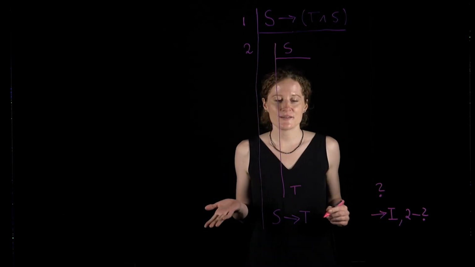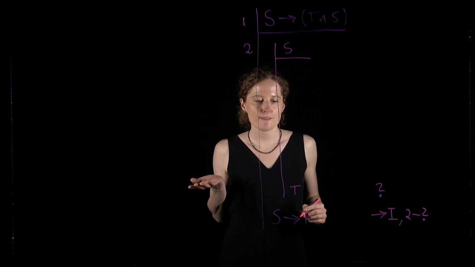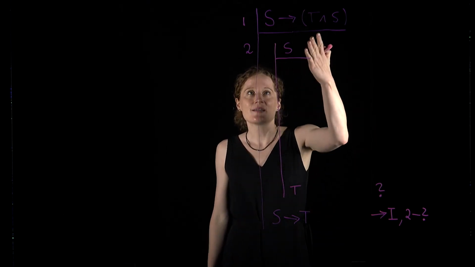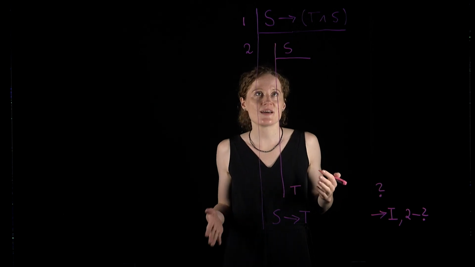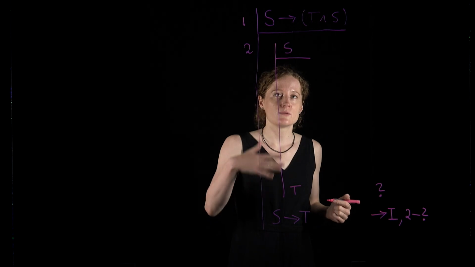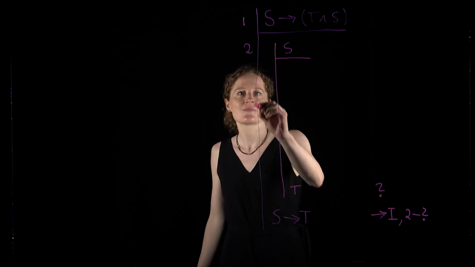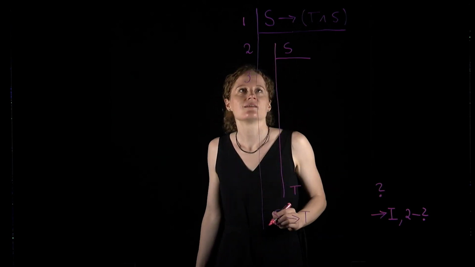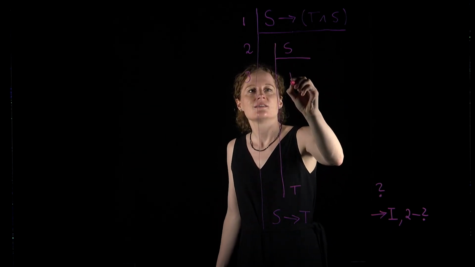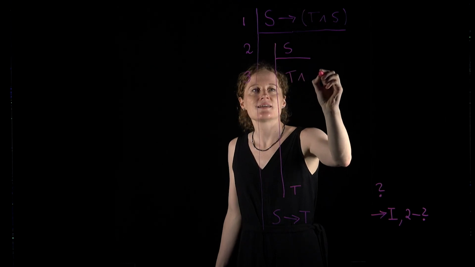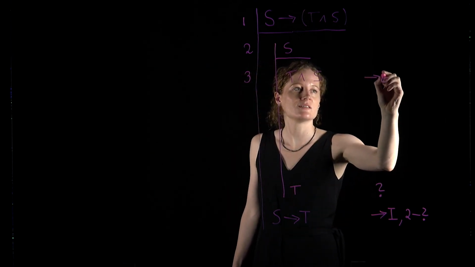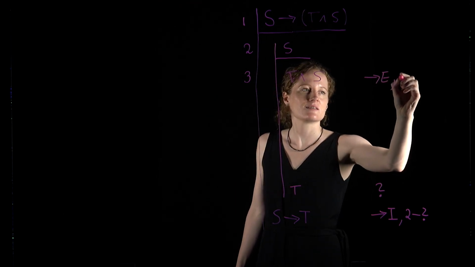So how can I infer T? Well, let's look at what we already have. In line 1, we have the conditional if S, then T and S. And in line 2, we have S. Using these two lines, I can infer T and S, citing the rule conditional elimination, and lines 1 and 2.